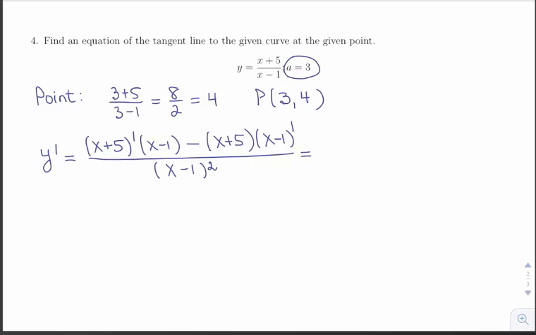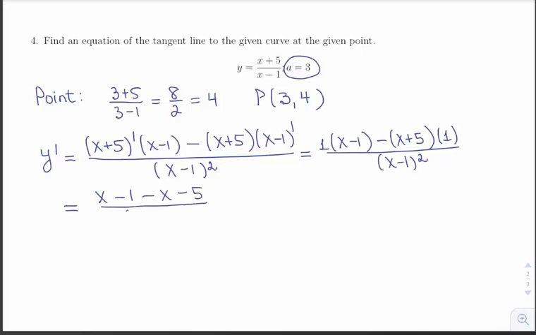Let's see. (x plus 5) prime, that's 1. (x minus 1) prime, that's also 1. Divide by (x minus 1) squared. What do we get? (x minus 1) minus (x plus 5) over (x minus 1) squared. So the derivative is negative 6 over (x minus 1) squared.